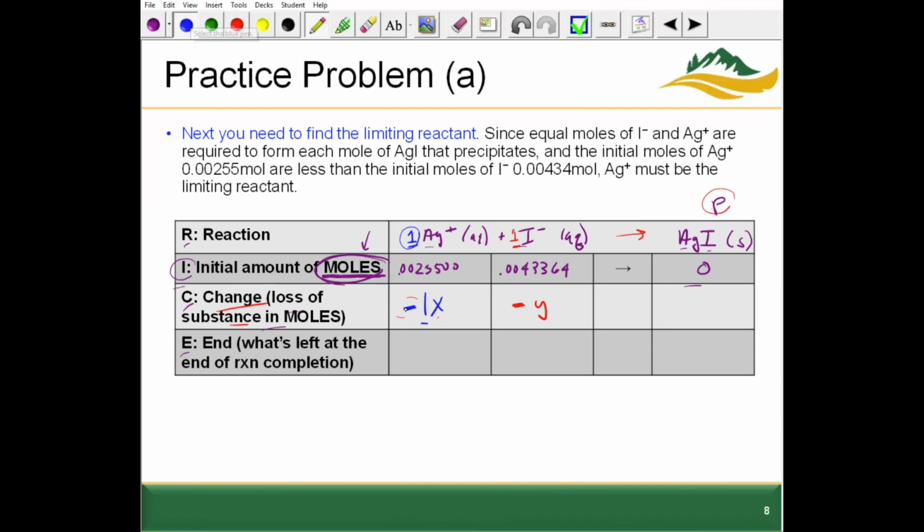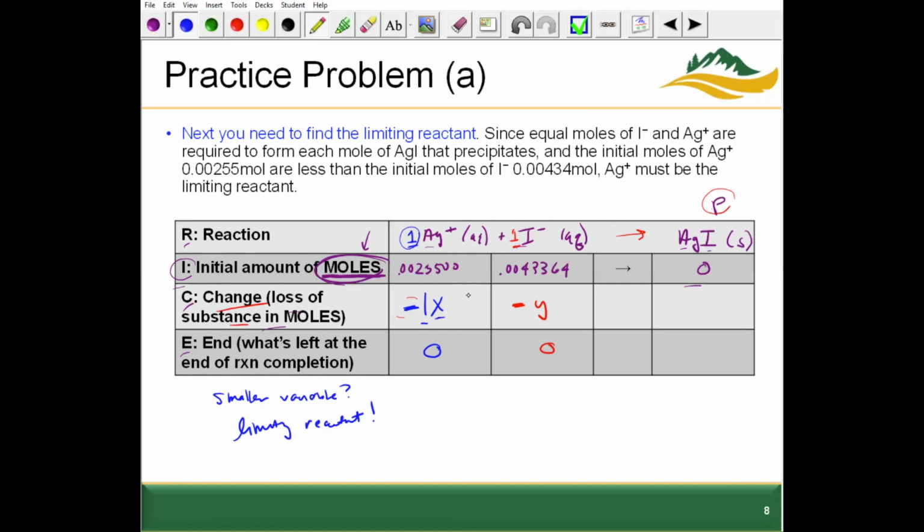So now let's figure out what's the smaller variable, because the smaller variable is our limiting reactant. For Ag+ and I−, we're going to arbitrarily say that this gets completely used up and this gets completely used up. So let's solve for this variable for silver first.